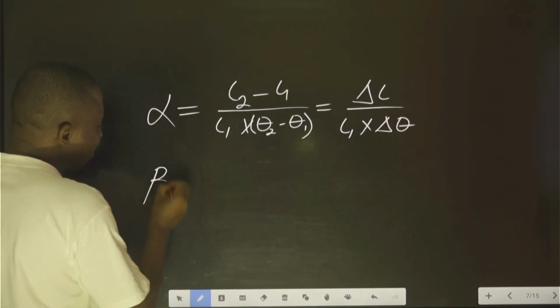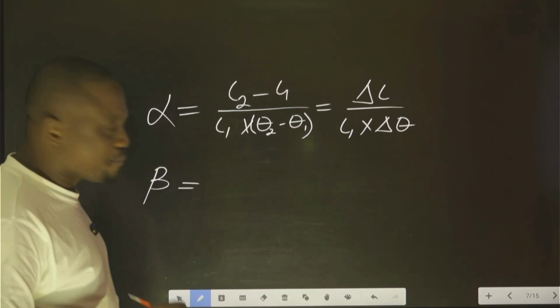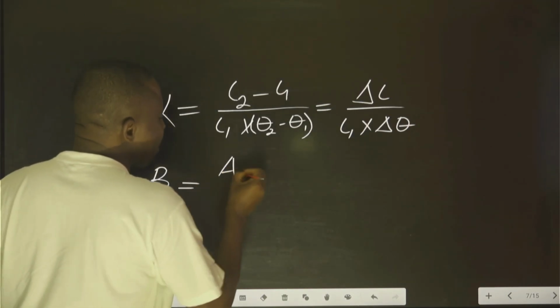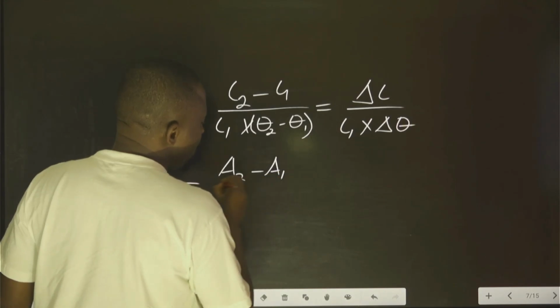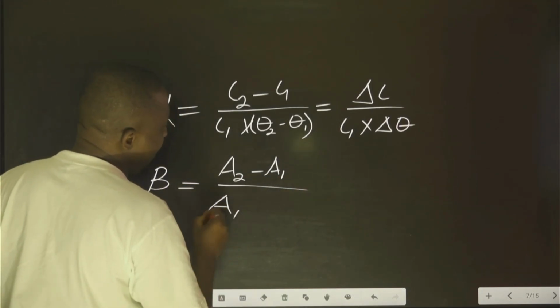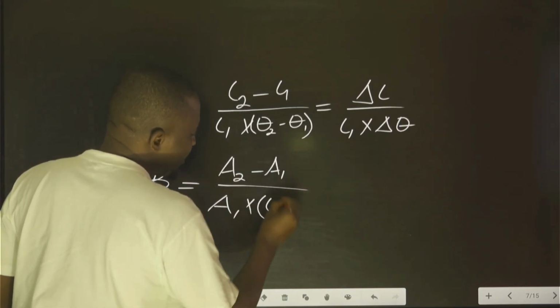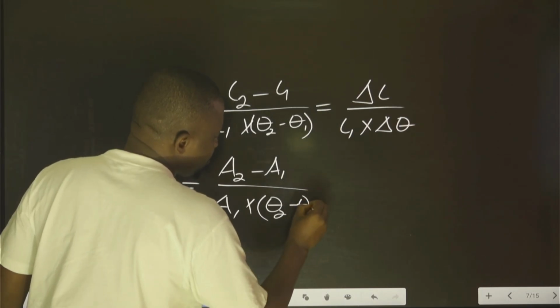This is area expansivity: change in area over original area multiplied by change in temperature.